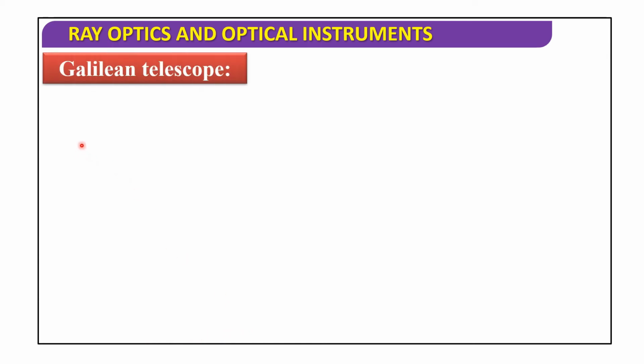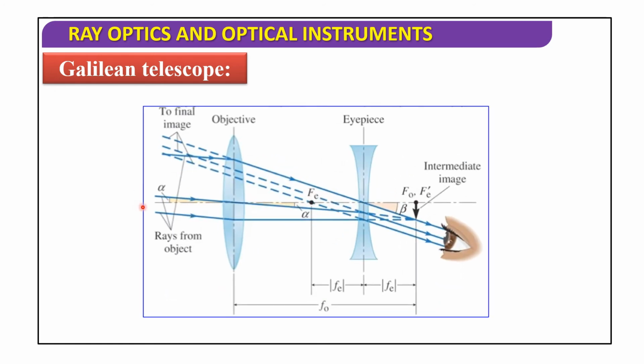Now I will discuss the Galilean telescope. This is about the Galilean telescope. Here we are taking the objective and this is the eyepiece. Rays from the object pass through this objective and this eyepiece.